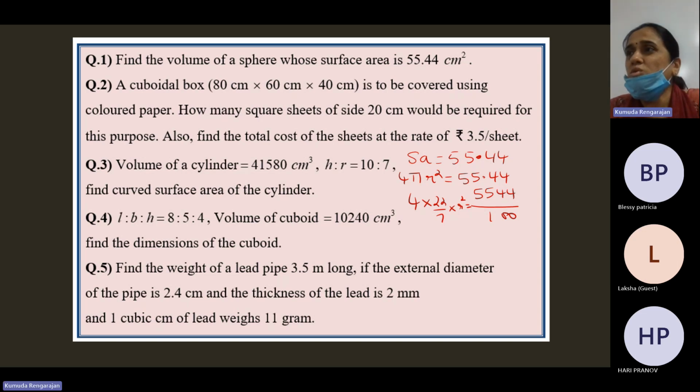No, I think this is too long a time to find the value of r, children. I'm not discouraging you, but this is really a long time to find r.